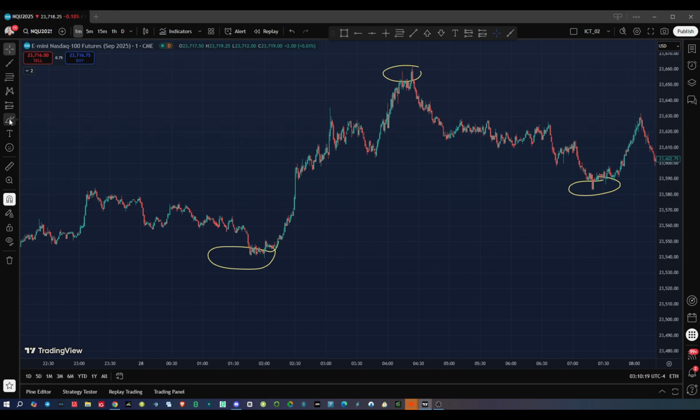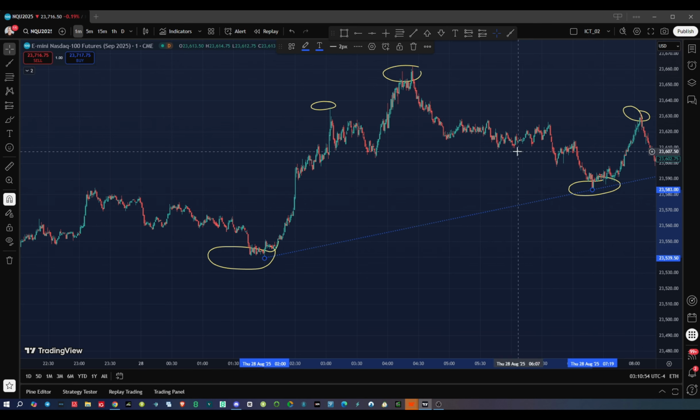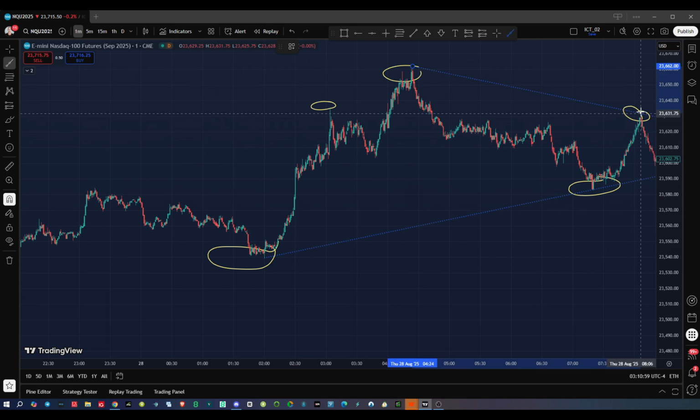Certain highs and lows, also this point. I would definitely connect those points, and the more the trend line is touching or bouncing off, the more significant the line is going to be. So this I would connect. Then obviously this one as well, I would connect these two points.